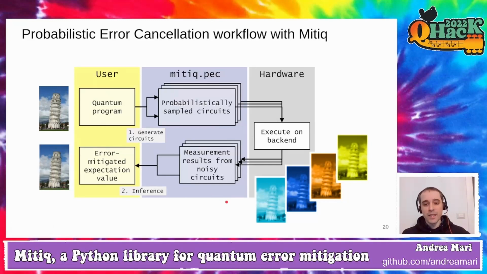If you go back to the analogy of pictures and photos, you can think of measuring different components, maybe color components of the pictures, such that when you combine them, you get to the mitigated result.